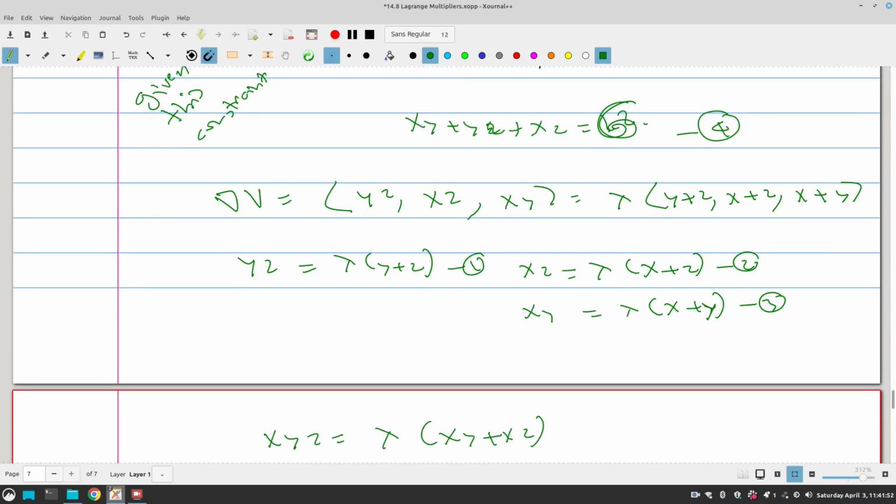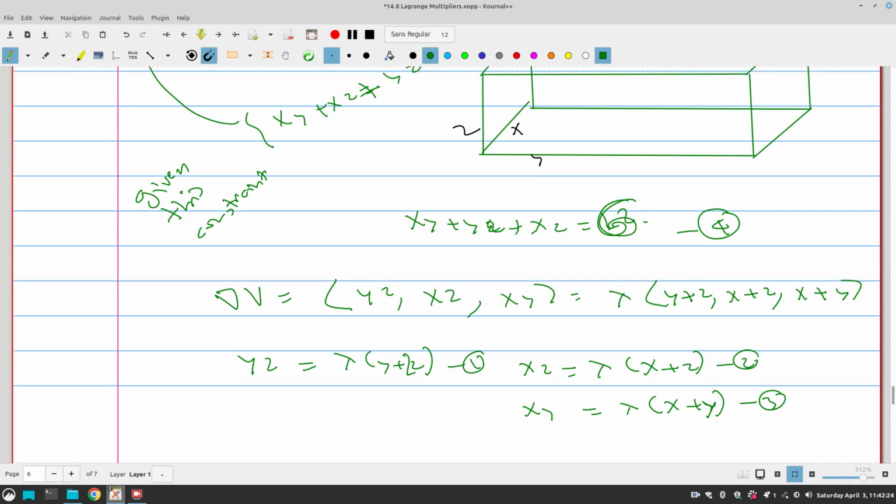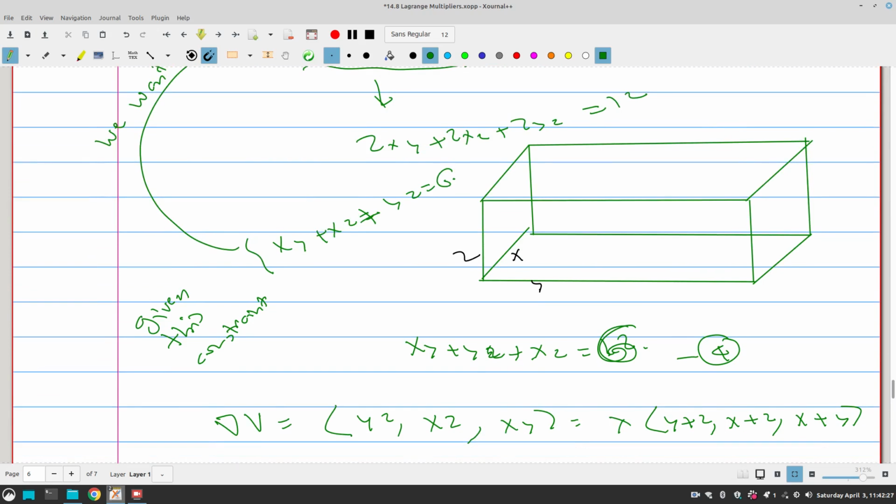Oh wait, just a minute, I think I made a mistake somewhere here. yz should actually be 2z plus y, because the constraint is given in terms of twice x, twice y, and twice z, right?